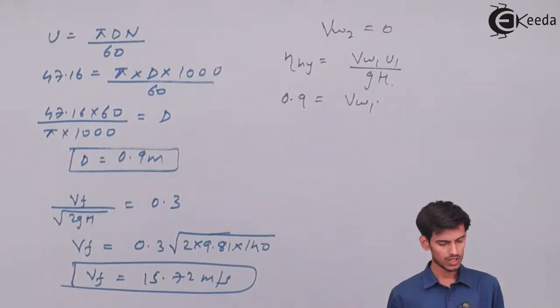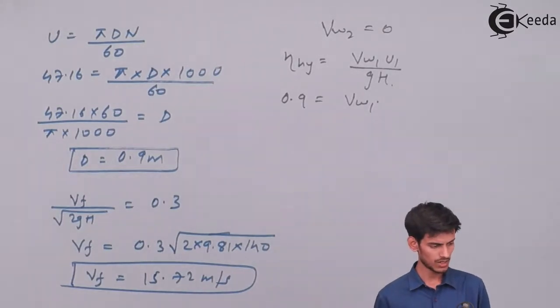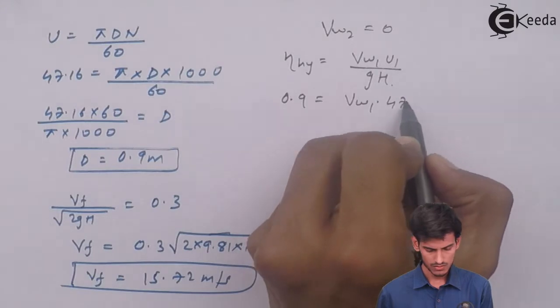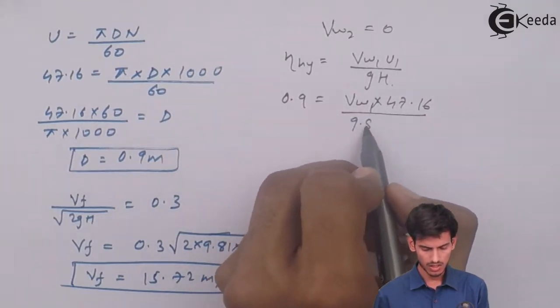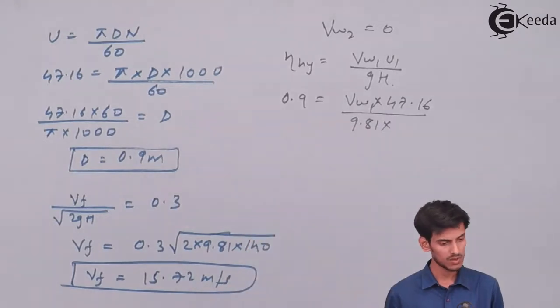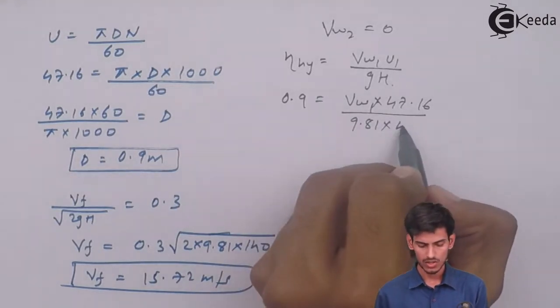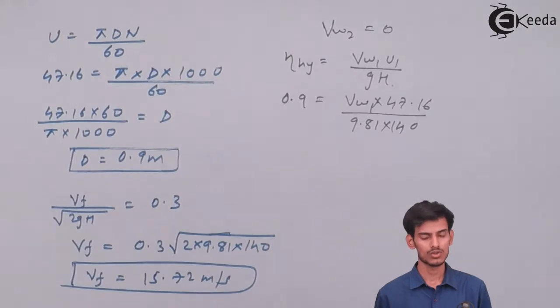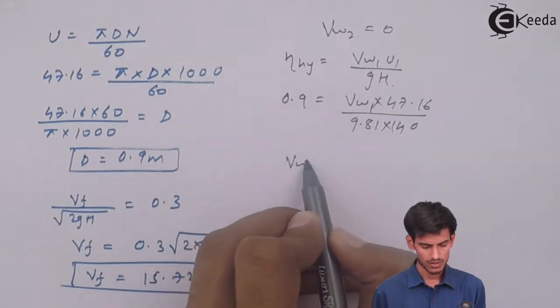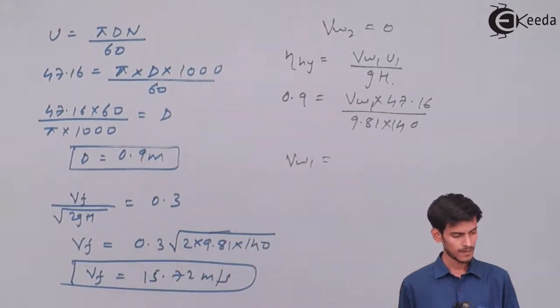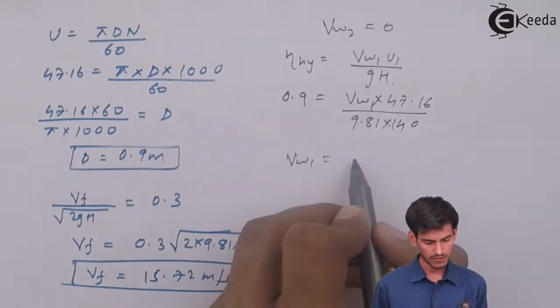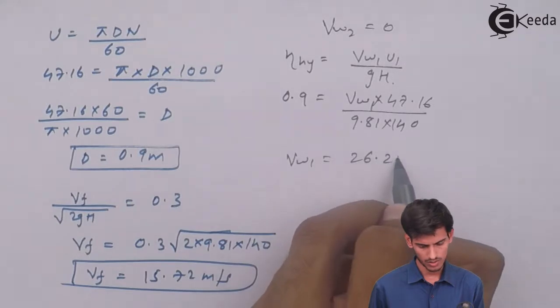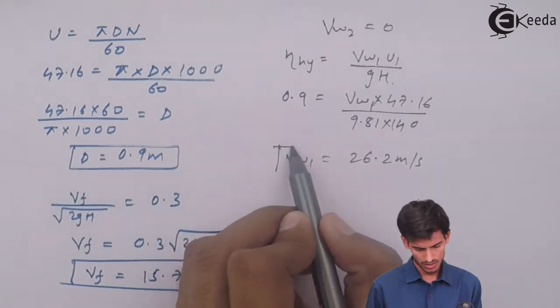U we have already got, that is 47.16. g is 9.81, and the head is given as 140 meters. Once you rearrange the values, you get the whirl velocity at inlet, and once you solve this, you get 26.2 meters per second.